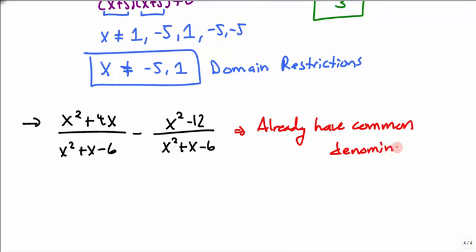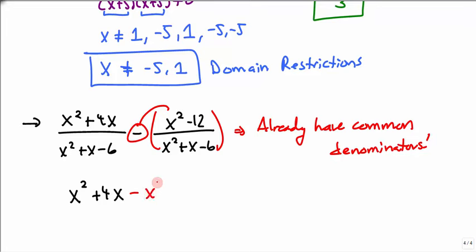Now this one's a bit of a trick because I need to make sure that this negative distributes to everything after it. So if I had to rewrite this, this would be x squared plus 4x, and then this minus sign would distribute here to a minus x squared, and then the minus sign would distribute here as well. Minus a negative 12 is the same as a positive 12.